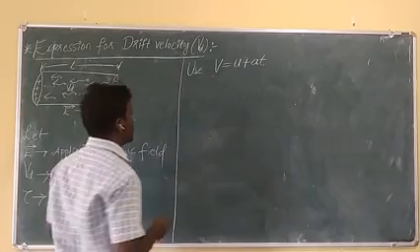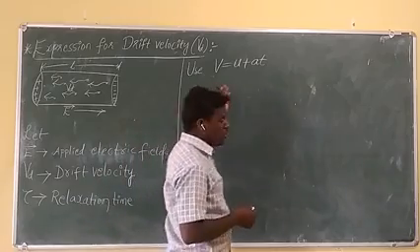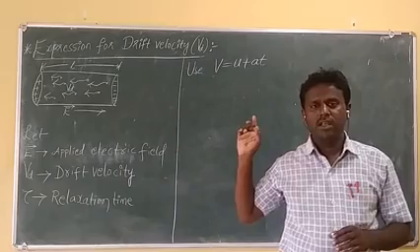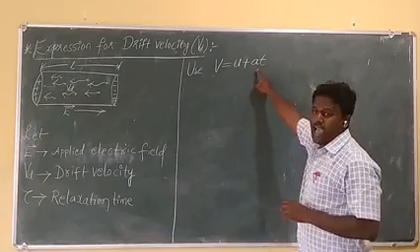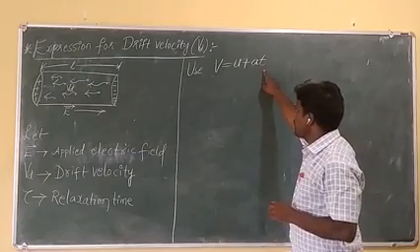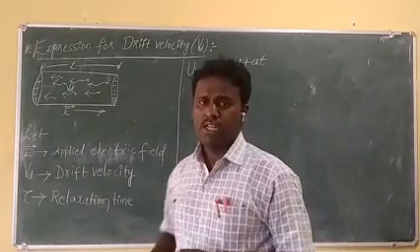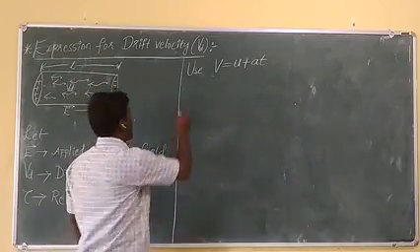So in that I am using V equals U plus AT. Here U is the initial velocity, V is the final velocity, A is the acceleration, T is the time.